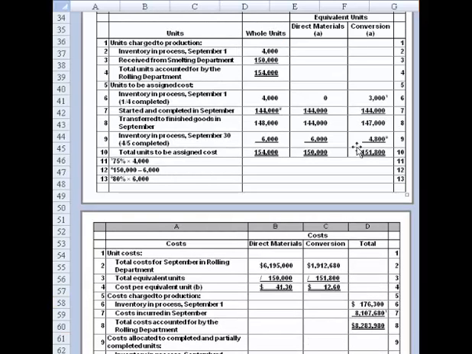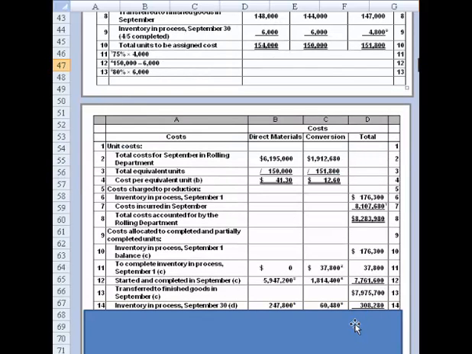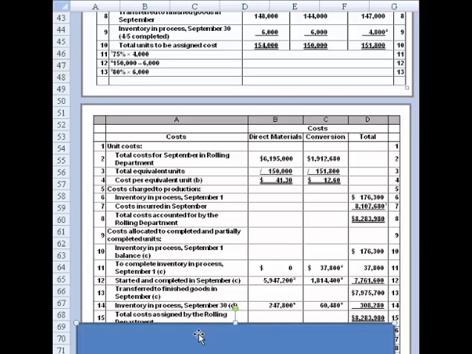Let me slide up so you can see all of it. 6,000 equivalent units applied to the inventory in process at the end of the period, and 4,800 represented the equivalent units of work performed during the month of September for conversion costs. So we use those rates to multiply again by the 4130 and 1260 for direct material and conversion cost respectively, do the multiplication, then add across, and we come up with the inventory in process.